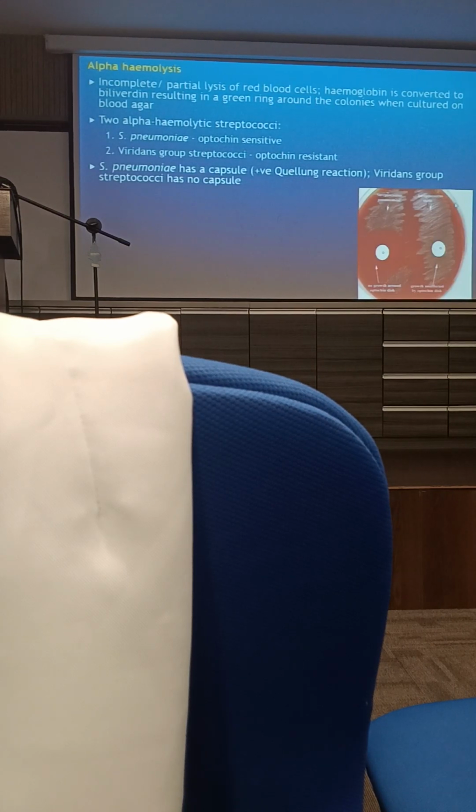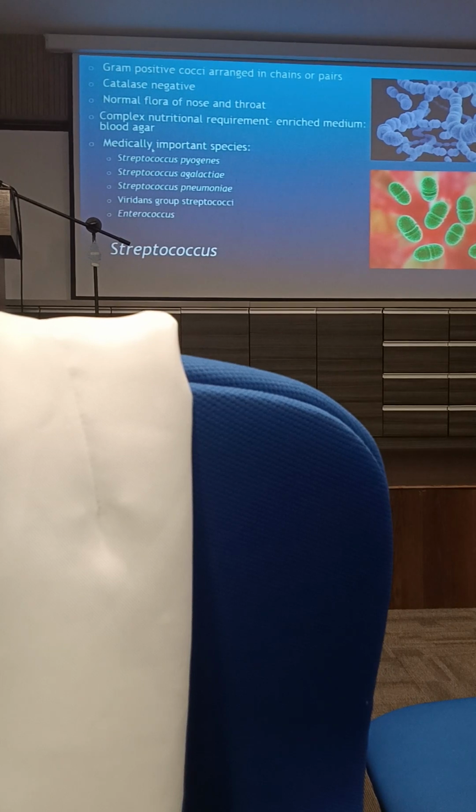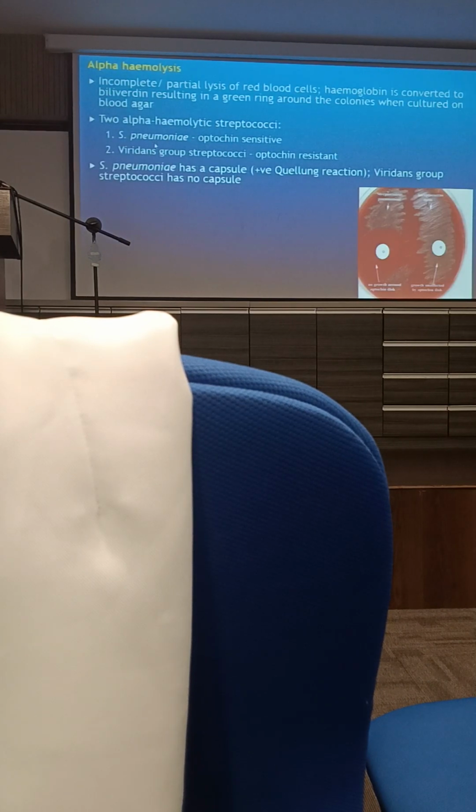So back to our alpha hemolysis. So we saw 5 strains here, 1, 2, 3, 4, 5. The first two, Streptococcus pneumoniae and viridans group Streptococci, are both alpha hemolytic bacteria.